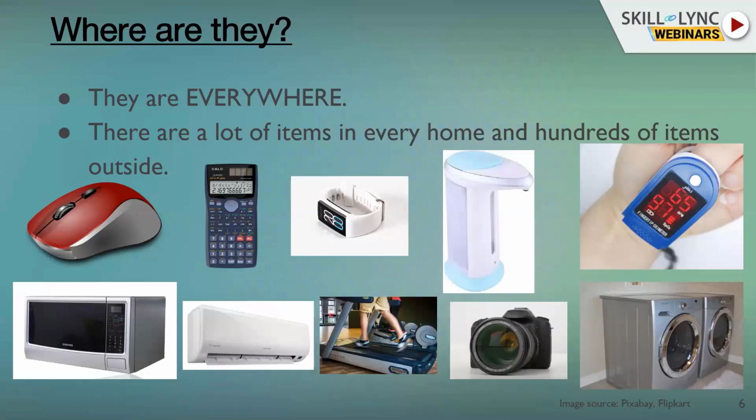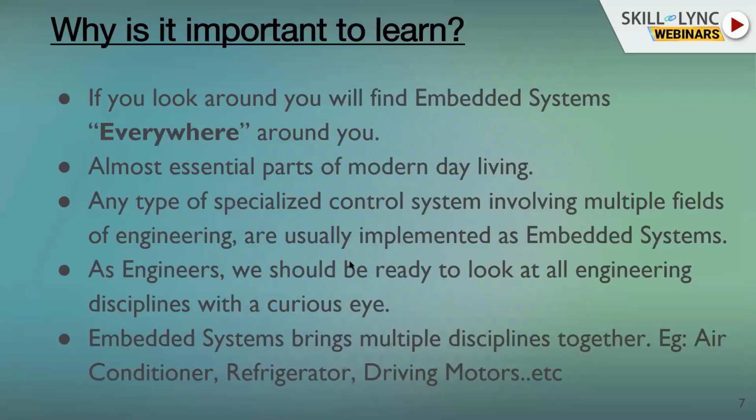All that is not available. Even if that is not available, you still would have at least 100 processors inside your home somewhere. So what this tells us is that they are everywhere, and the pace of them surrounding you is actually increasing with time, right? And so why is it so important to learn about them?